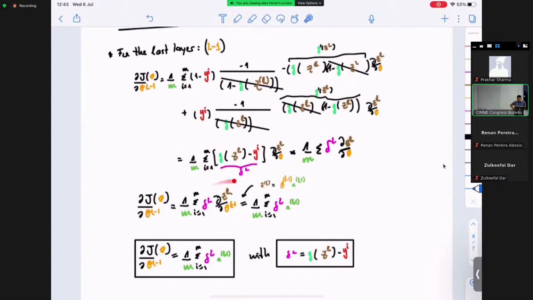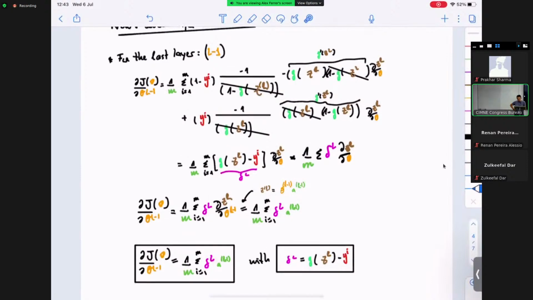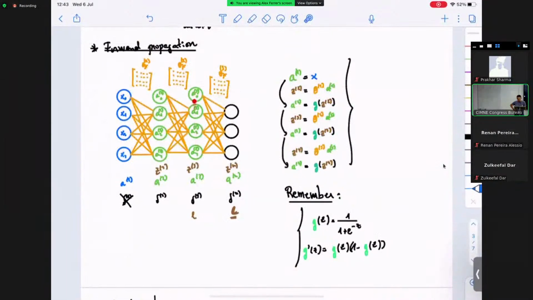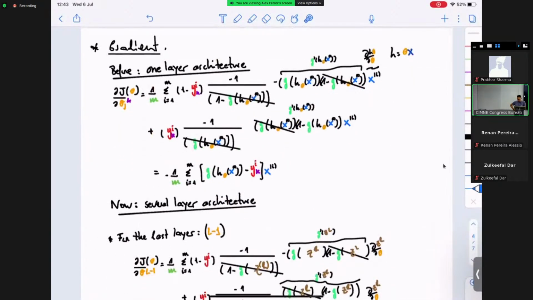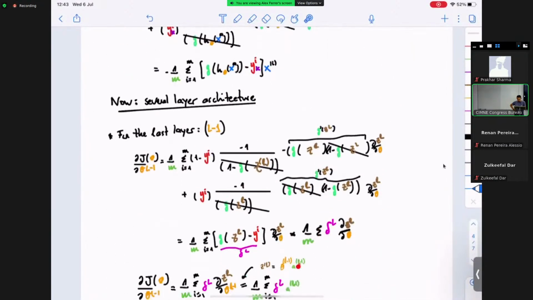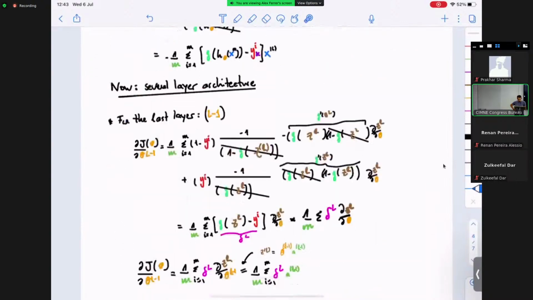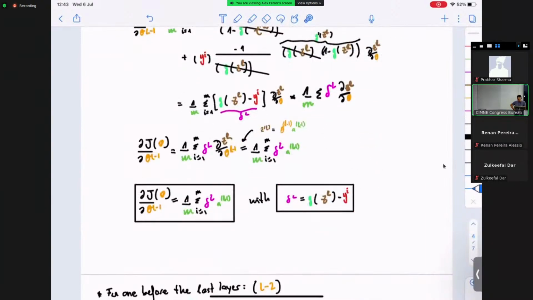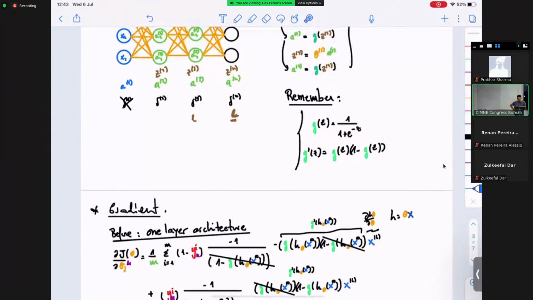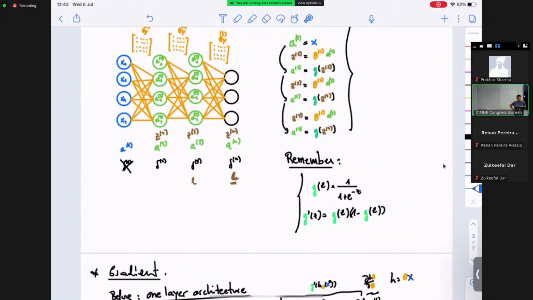So now this was a derivative. Remember that A is the values here. Before, instead of having A, this derivative was X. Why? Because we only have one layer. So this is why here, instead of having X, we have A of this layer.